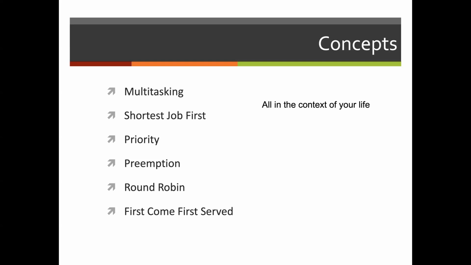And so let's consider multitasking in the context of our day-to-day life. There are different things that we have to do on a daily basis. For example, we have to do various tasks like laundry, prepare food, call our loved ones, and prepare for tests.